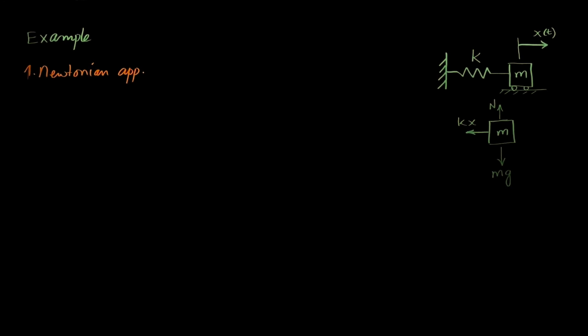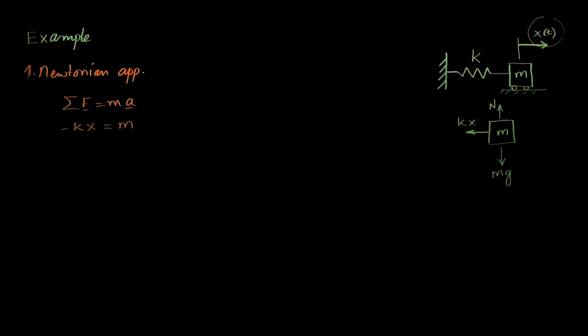So I will just take the sum of forces in x and set that equal to m times acceleration. So the sum of forces is m times a. The forces in x, we have only one force in the negative x direction, negative kx. That will be equal to m times the acceleration, which is the second derivative of the motion.